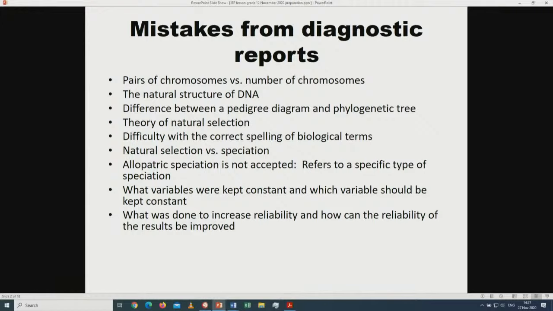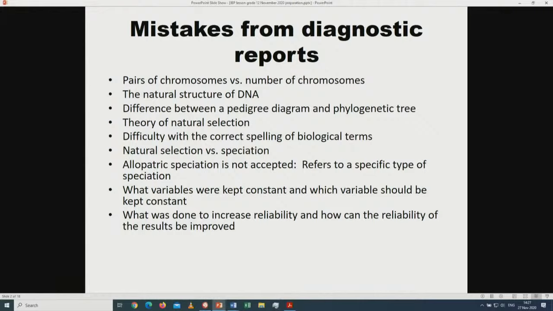And the theory of natural selection is one of the questions that are poorly answered by candidates. In a scenario where the question is based on a specific example, candidates just write a general answer of natural selection, instead of writing the answer for the specific type of question that is asked in the question paper.